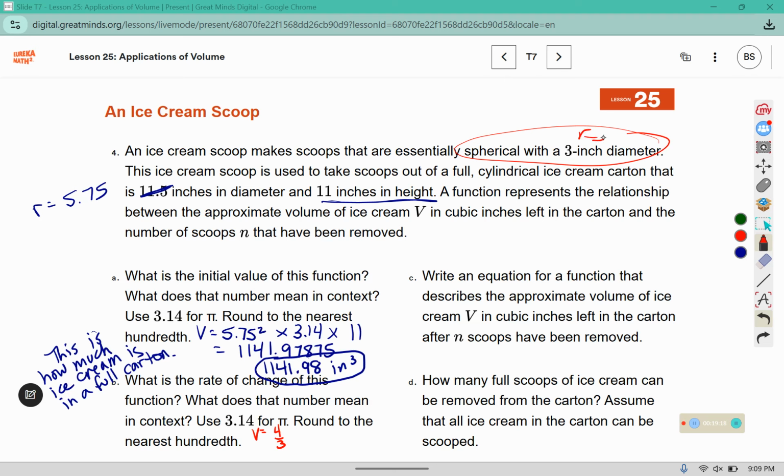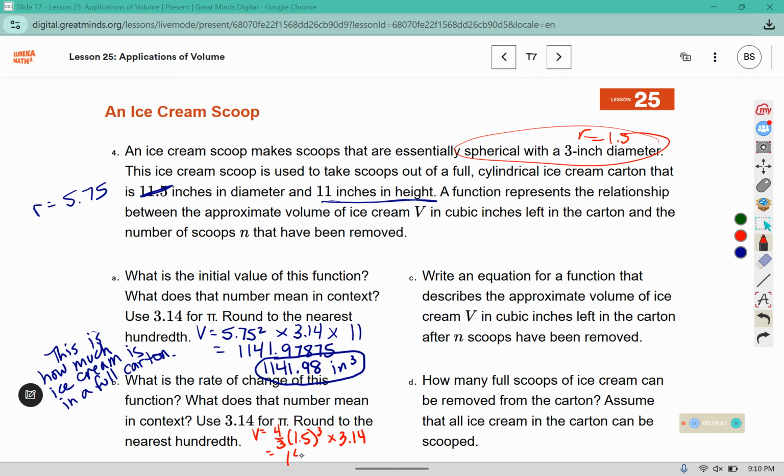The radius in this one would be half of 3, which is 1.5, cubed times pi, which we're using 3.14 for pi. So we have 1.5 to the third power, then multiply that by 3.14 and by 4, and divide by 3 because that's in the denominator.